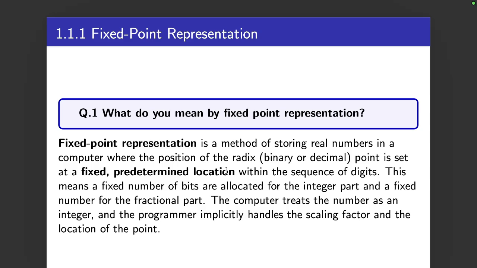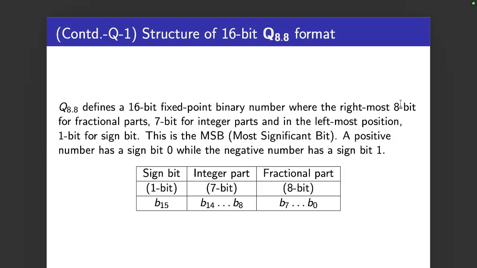It is clearer here: the rightmost 8 bits, B0 to B7, are for the fractional part, and the next 7 bits, from B8 to B14, are the integer part. The leftmost position, the most significant bit, that is the position B15, is the sign bit.